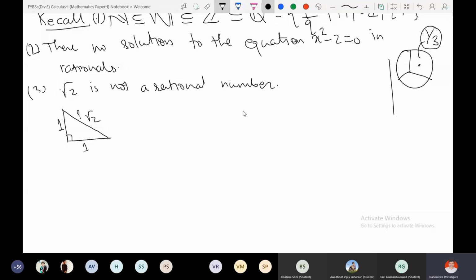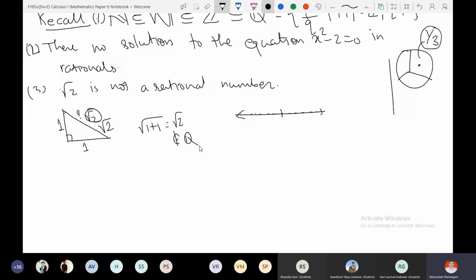People thought that if you put all the rational numbers on the real line, the line would be completely filled by rational numbers. And then people found that there are such numbers. What is the length of the hypotenuse of this right angle triangle? It is the square root of 1 plus 1. And where is this number? This number is not in the rationals.